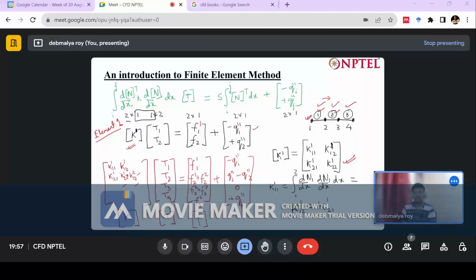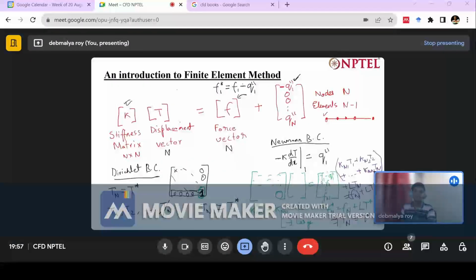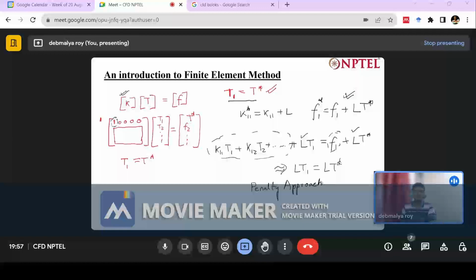And using this matrix form, we have assembled all the elements into a combined, large matrix. And then we have also seen how we can implement different types of boundary conditions within this matrix system. And thus we have so far covered a basic preliminary knowledge of what the finite element method is and how we implement it in different situations.